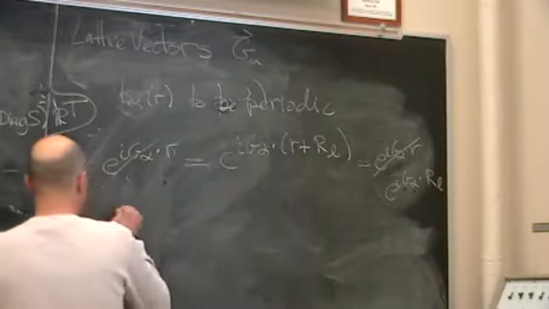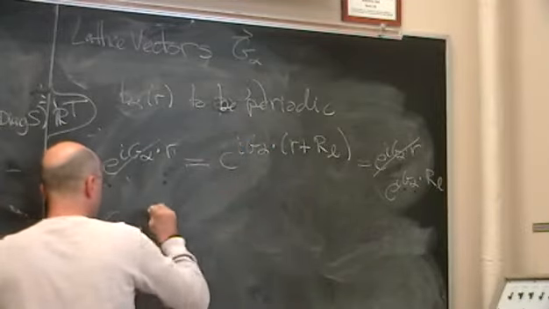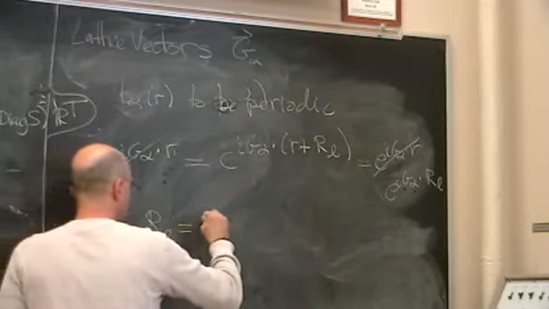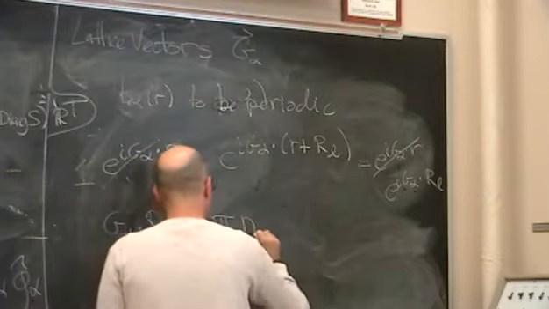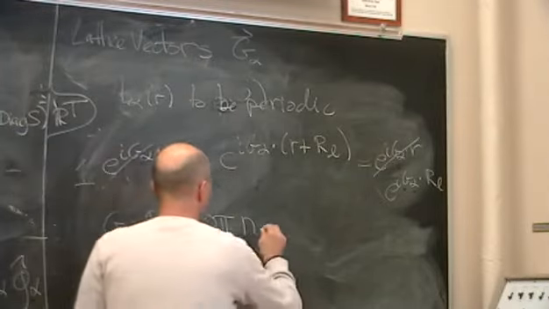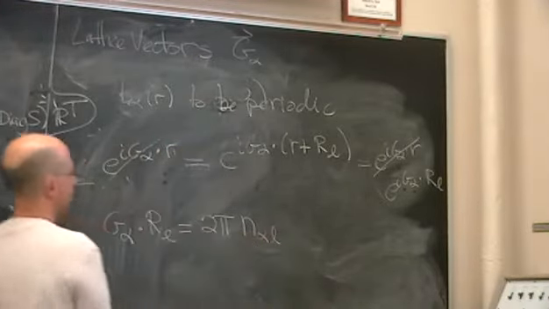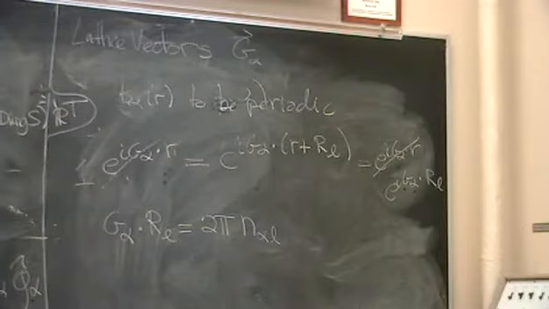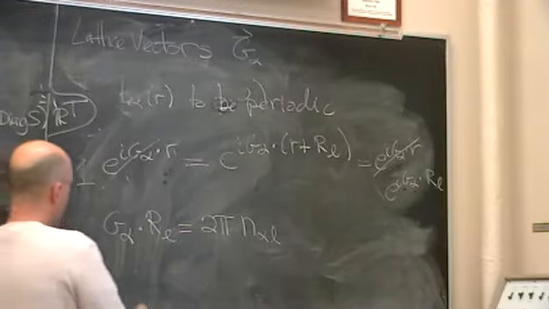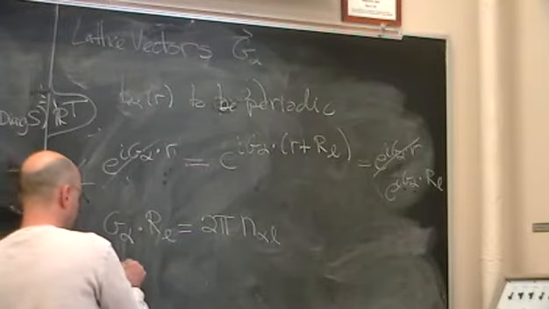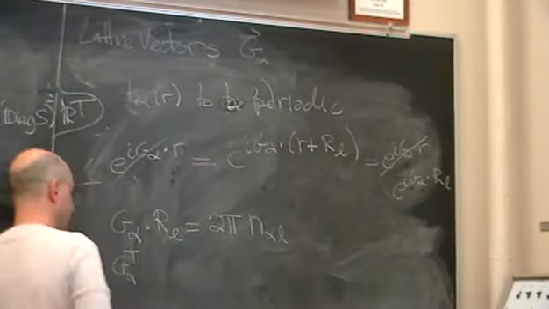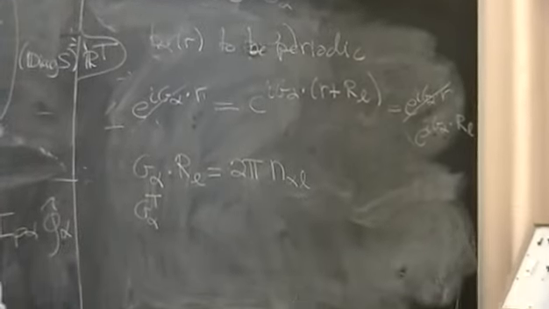So we know then that G alpha dot R_L must be 2 pi times some integer n, alpha L. I'll call it another list of integers like that. And let's now try to turn this into a matrix language. Well, G alpha dot, to do dot products, of course, the way we do that is we do transpose multiplications.